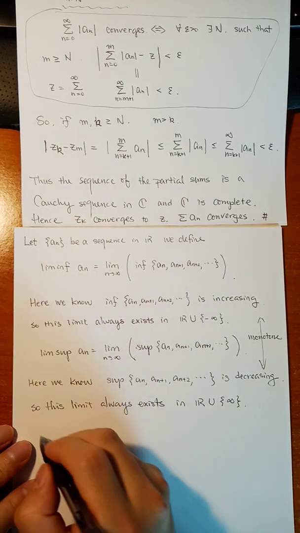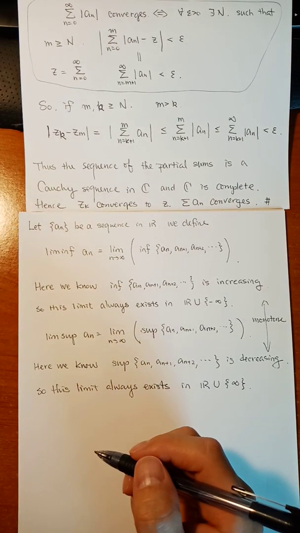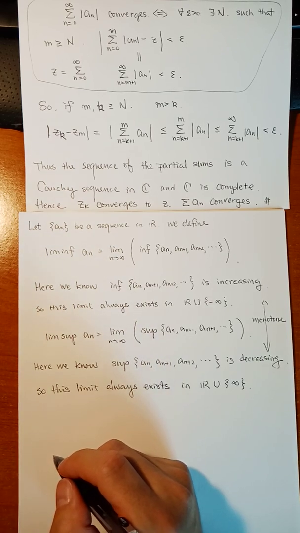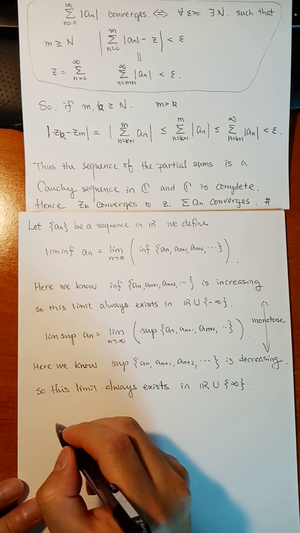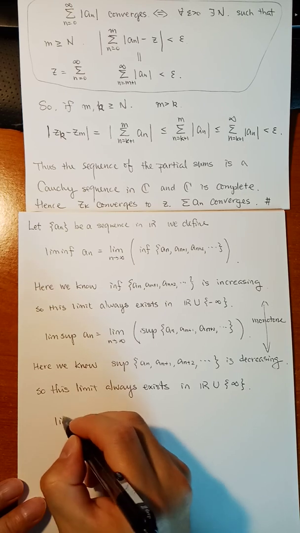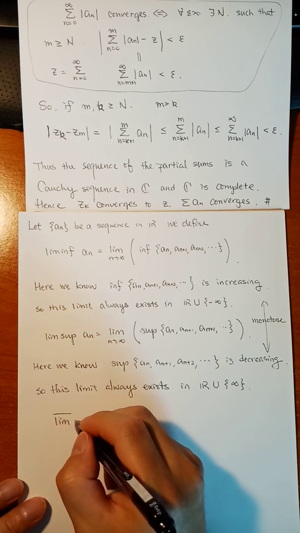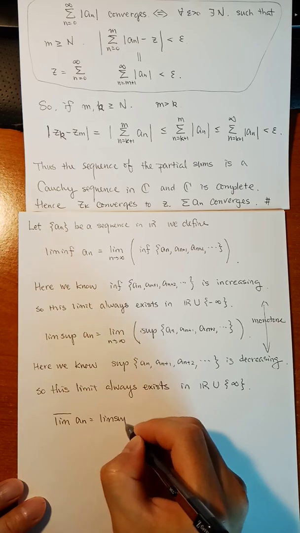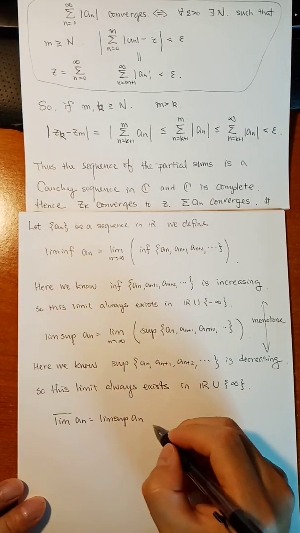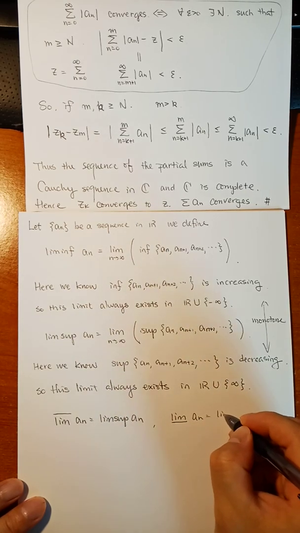And sometimes, in some different textbooks, you can have this notation. The upper bar is lim supremum, and the lim lower bar is lim infimum.